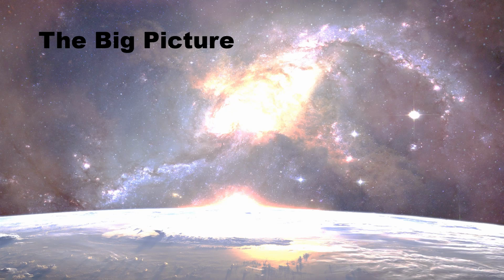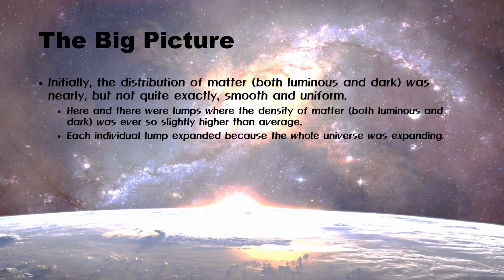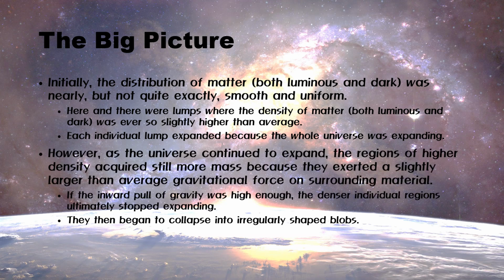So what's our big picture? Initially, the distribution of matter, both luminous and dark, was nearly but not quite exactly smooth and uniform. Here and there were lumps where the density of matter was ever so slightly higher than average. Each individual lump expanded because the universe as a whole was expanding. However, as the universe continued to expand, the regions of higher density acquired still more mass because they exerted a slightly larger than average gravitational force on surrounding material.